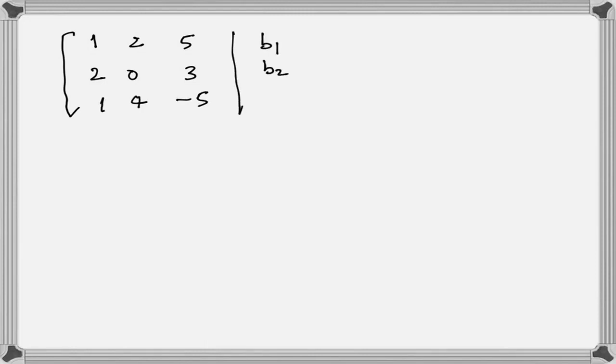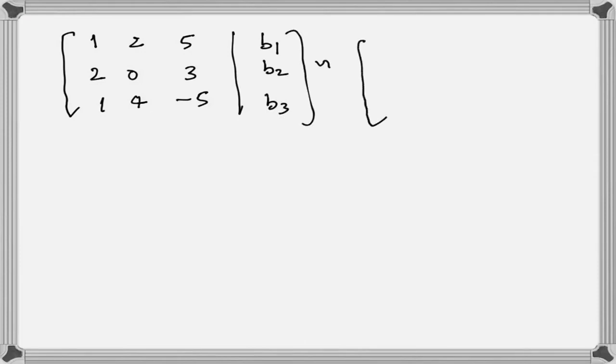Okay, so let's write the augmented matrix of the system: 1, 2, 5; 2, 0, 3; 1, 4, minus 5; and b1, b2, b3, and then you just reduce it.